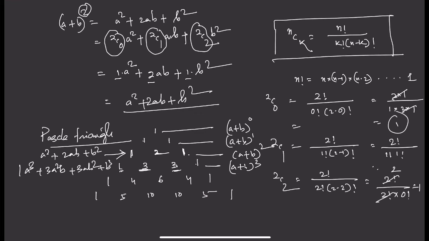Okay. So in this format we can write like this. This is the Pascal triangle. It will go on and on like this. So a plus b power 0, we can write only 1. But a plus b power 1 is a plus b only. What is the coefficient? 1, 1. Here the a plus b whole square formula is a square plus 2ab plus b square. Here the coefficient is 1, here it is 2, here it is 1. That's why 1, 2, 1. Okay.